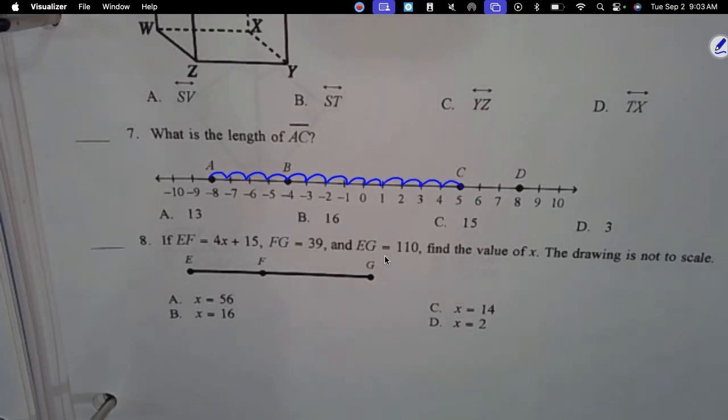It's 13. Or I would have just subtracted, like -8 minus 5. What is -8 minus 5? It's -13. But distance can't be negative. So what's my answer? 13. Are we good with that? Either way, counting or subtracting.